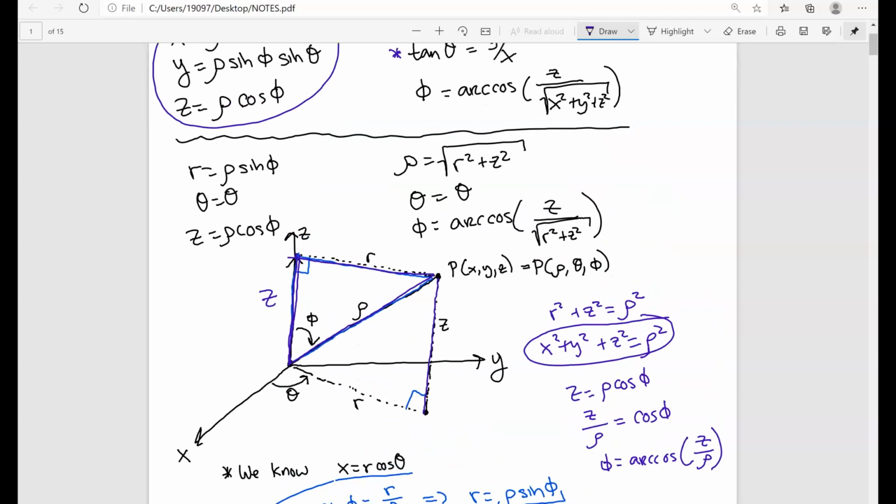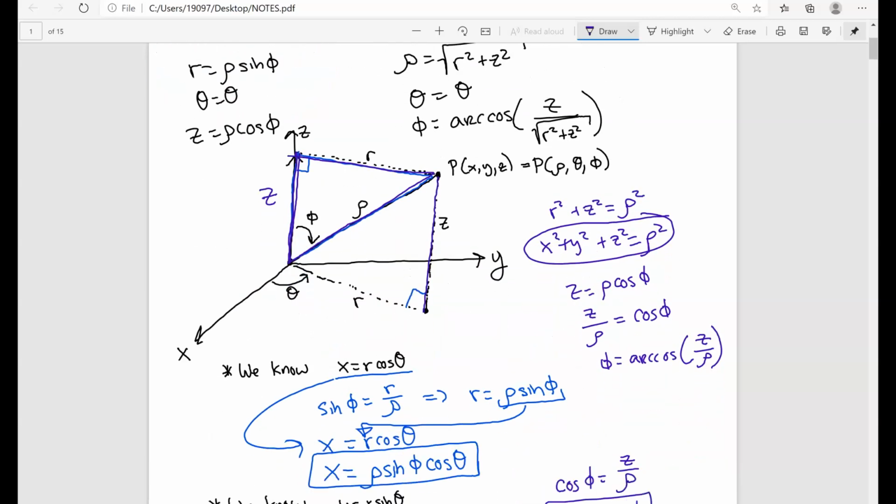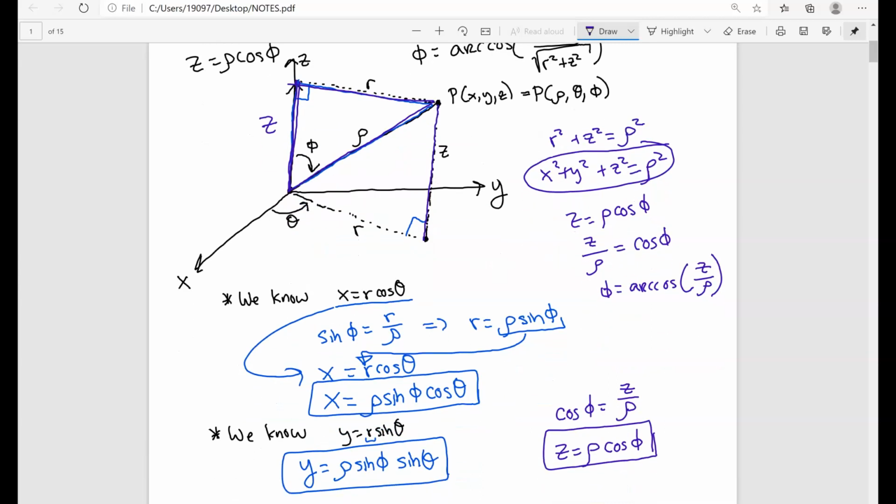Well, remember also how we can define rho. If I take the square root of this, I get the square root of x squared plus y squared plus z squared. So then phi is just going to be the arc cosine of z over the square root of x squared plus y squared plus z squared. So that's how you get that third component.